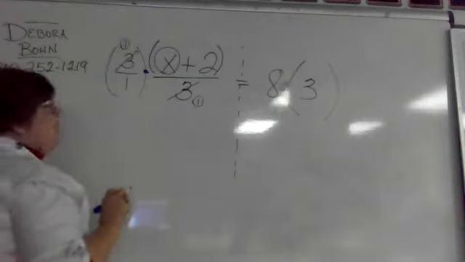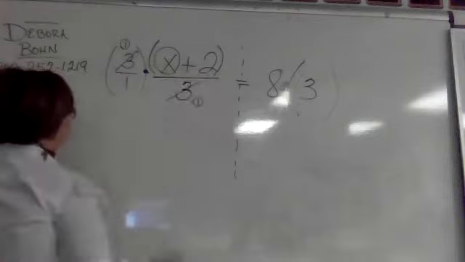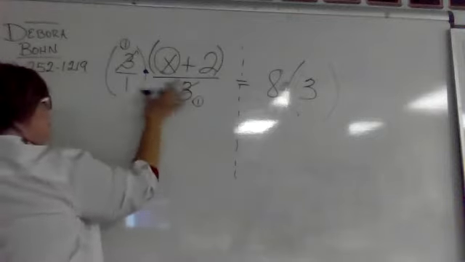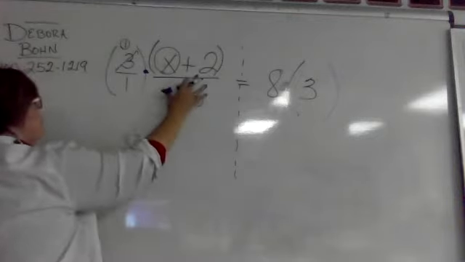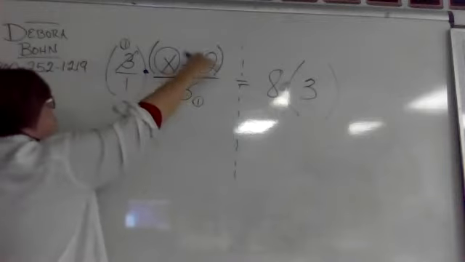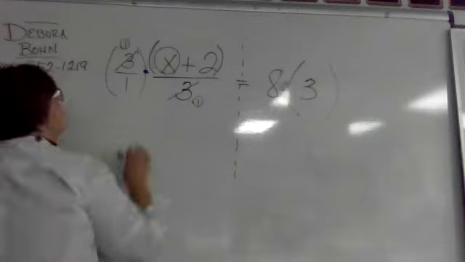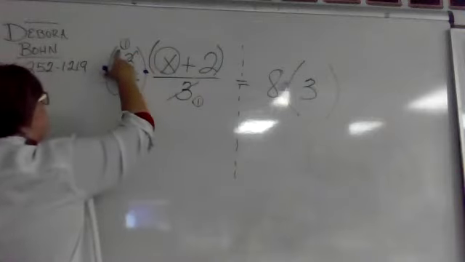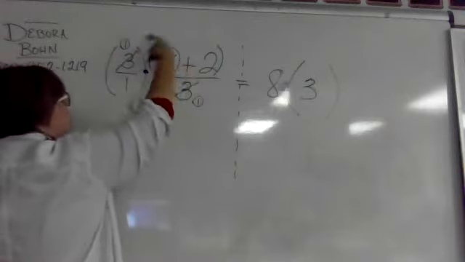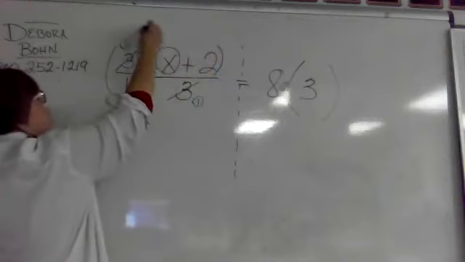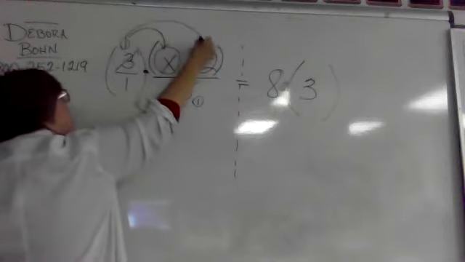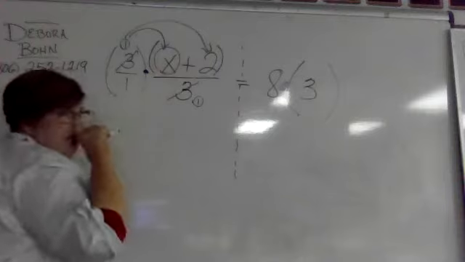Okay? Now, when I've cross-canceled everything that I can on this side, I'm only dealing with this side, then I multiply the tops and multiply the bottoms together. On top, I have 1 times this parentheses stuff. Or you can do your distributive property, 1 times everything that's in the parentheses.